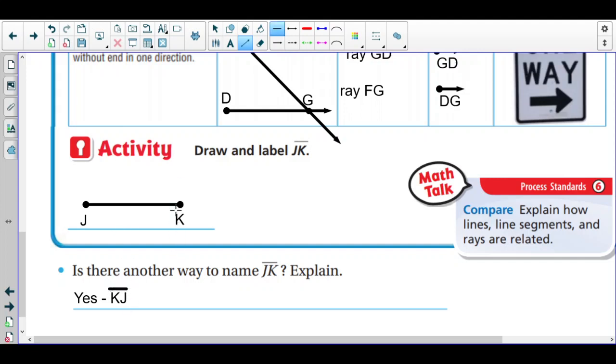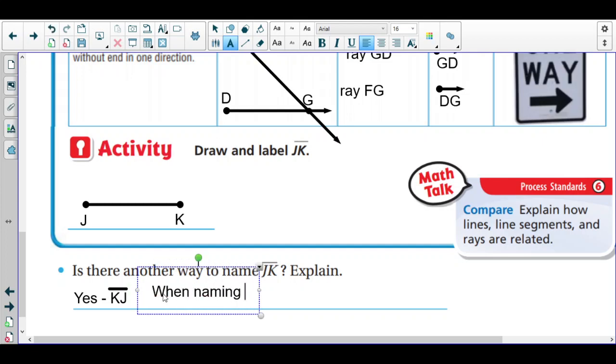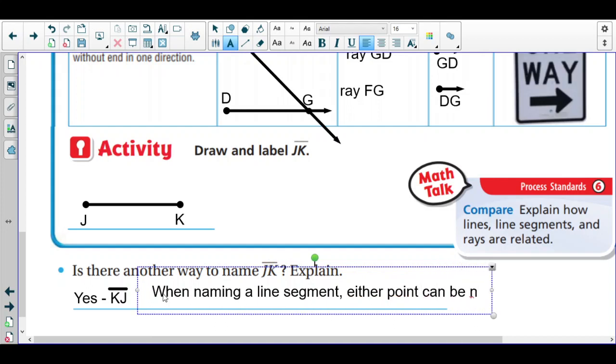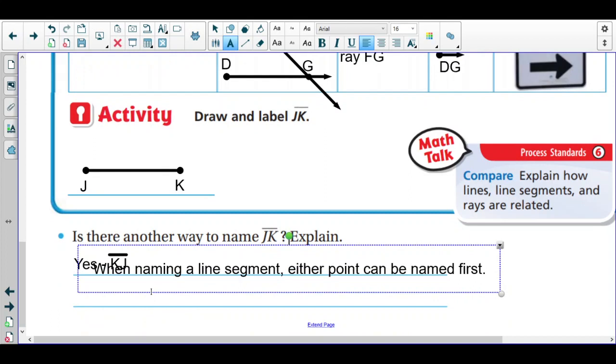All right. We're going to start it here and end it right here. Explain how that is even possible. Well, when naming a line segment, either point can be named first. So there you have it.